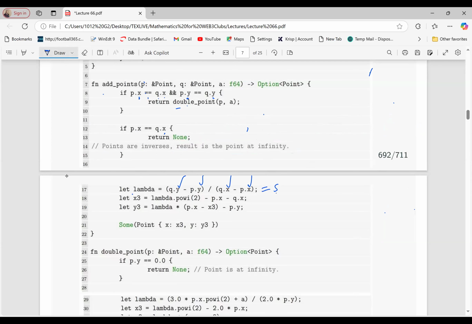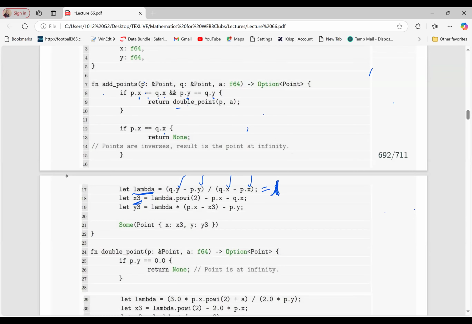Then after getting this s, supposing that the points were different, what is x3? Now I call it lambda. Lambda is my gradient, not s. I've used lambda, I didn't use s here.